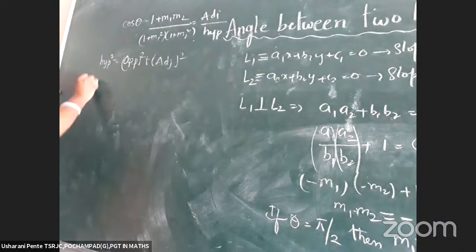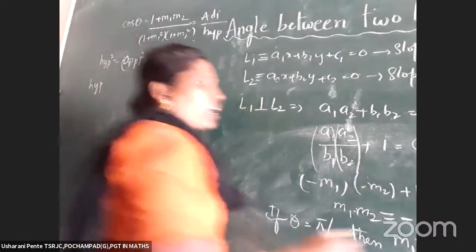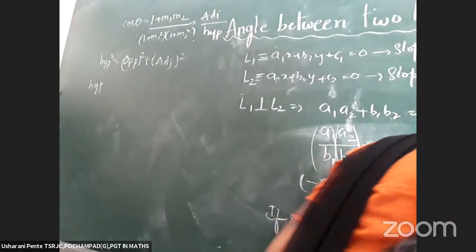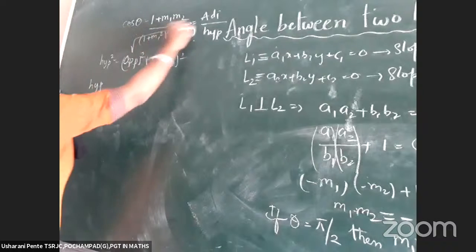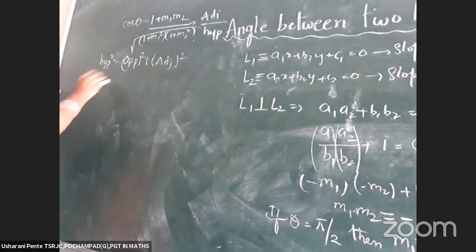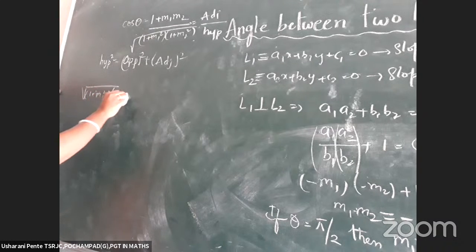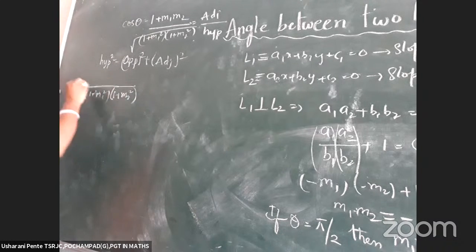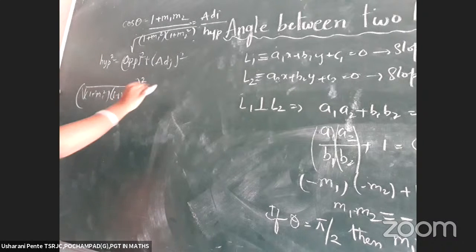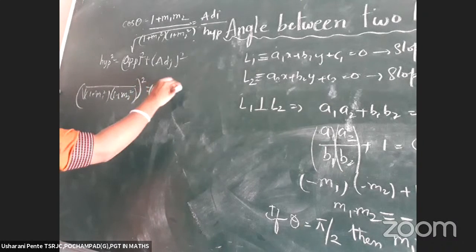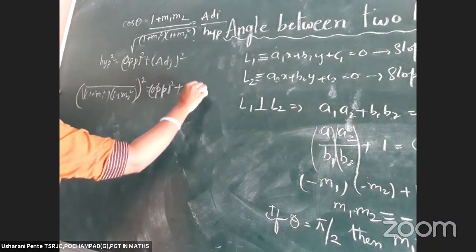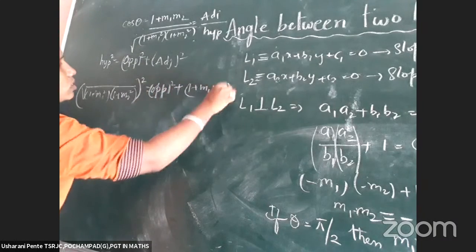So the hypotenuse is under root of 1 plus m1 square into 1 plus m2 square, whole square, is equal to opposite square, which we don't know, plus adjacent, which is 1 plus m1 m2 whole square.